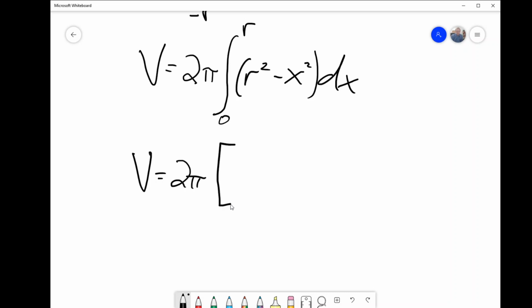This is 2 pi. The integral of r squared, where r is constant with respect to x, is just r squared x. And then here we have a 1/3 x cubed, and that is taken from 0 to r.